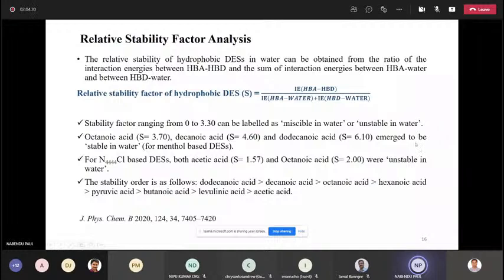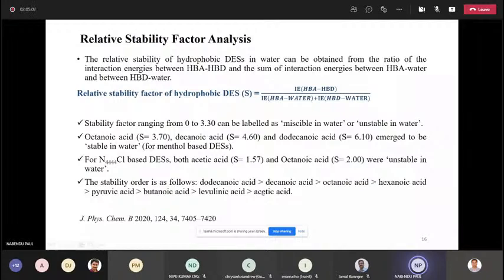In the case of ammonium chloride-based eutectic solvents, both the acetic acid and octanoic acid based eutectic solvents were unstable in water. So overall, analyzing by the relative stability factor data, we found that the higher chain organic acids are much more hydrophobic than the smaller chain organic acids. So let's move forward.